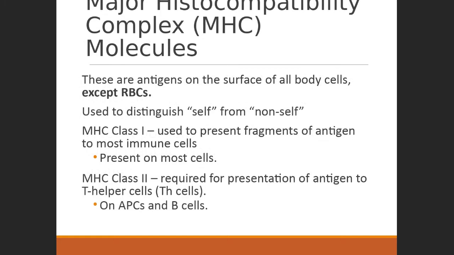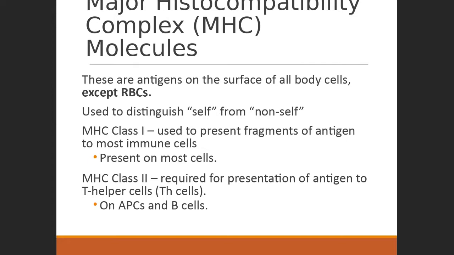We mentioned major histocompatibility complexes when we did the innate immune system, not because of its role in the innate immune system, but we mentioned natural killer cells. We mentioned how they have the ability to attack a cell before any of the rest of the immune system can even recognize that it's an invader.